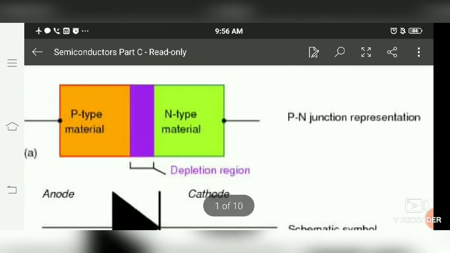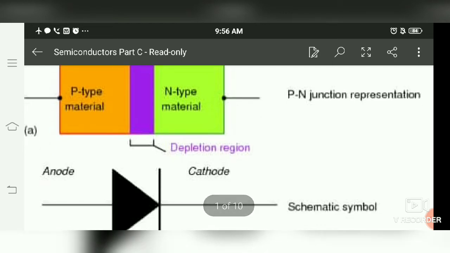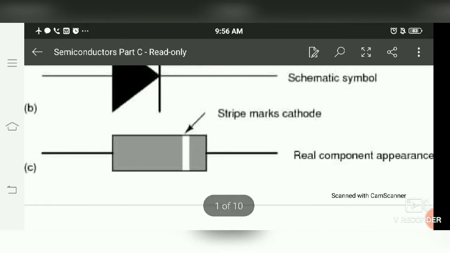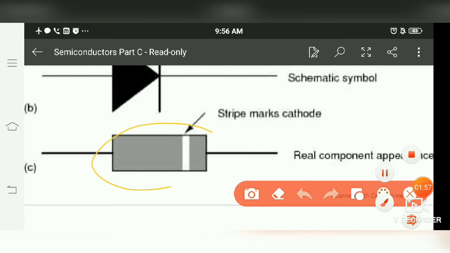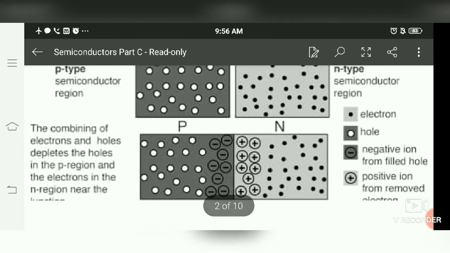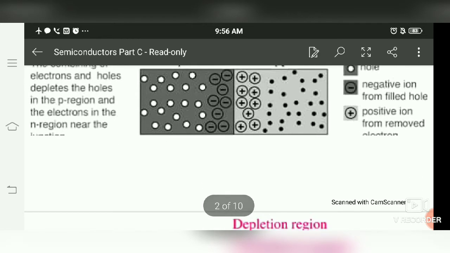So for a PN junction, if we have P and N material together, they will form a PN junction diode. It is represented like this. This is P, this is N, or in the form of a component that you use in an electric circuit, it will appear like this, where this strip is the cathode or N and the rest is P. When P and N get together, there is a region called the depletion region, where the combining of electrons and holes depletes the holes in the P region and electrons in the N region near the junction.